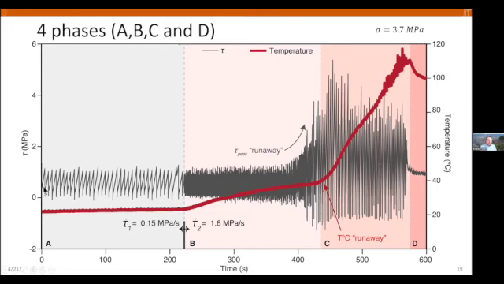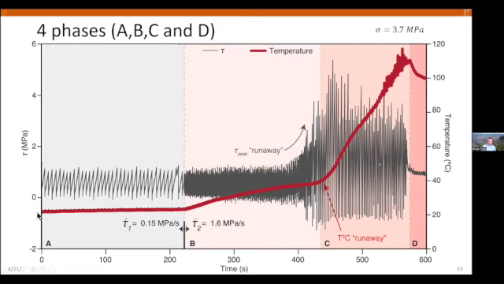We increase the shear stress by loading that clock spring, and then suddenly events happen. In this phase here, which is phase A, we had a shear stress rate of 0.15 megapascal per second. So each second we were increasing the shear stress by 0.15 megapascal. Of course, the shear stress was released each time an event happened.